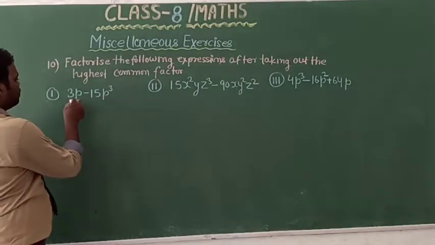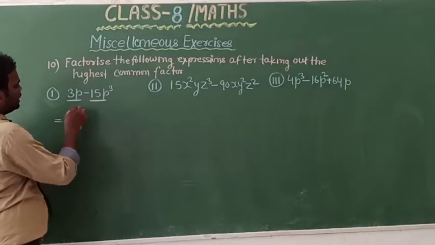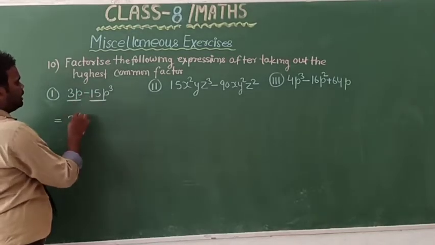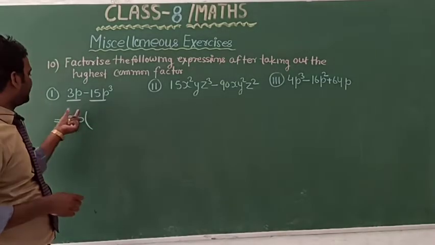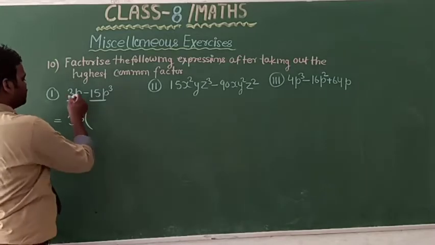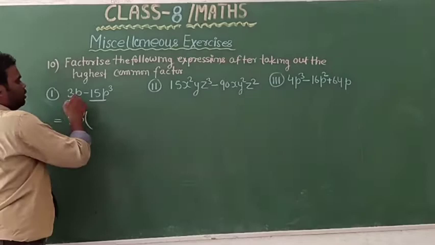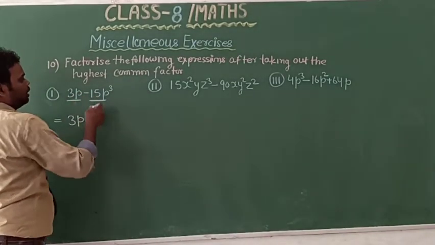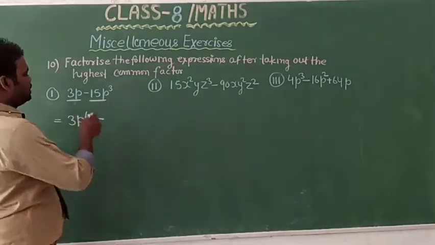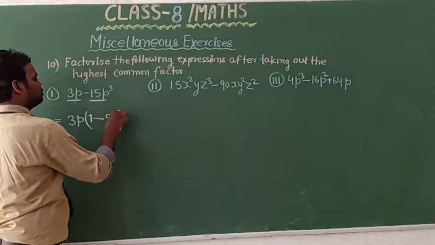So we have 3 and 1 p as common. Taking out 3p outside, we are left with only 1 in the first place, and in the second term 5p to the power 2.